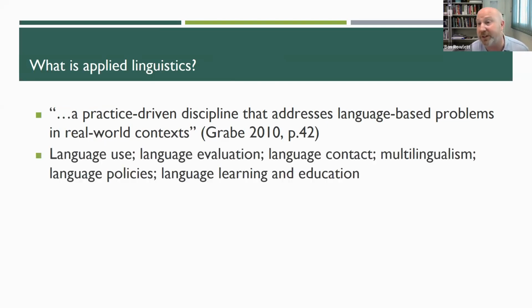So that means that research in applied linguistics encompasses topics such as language use, language evaluation, language contact, multilingualism, language policies, and language learning and education, which is our main focus for today.